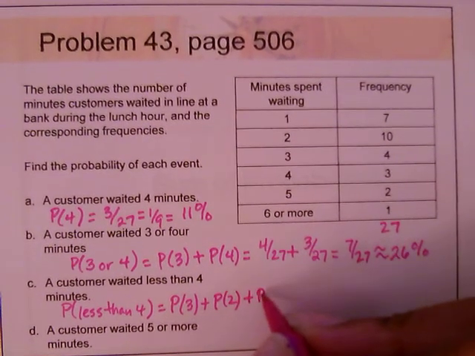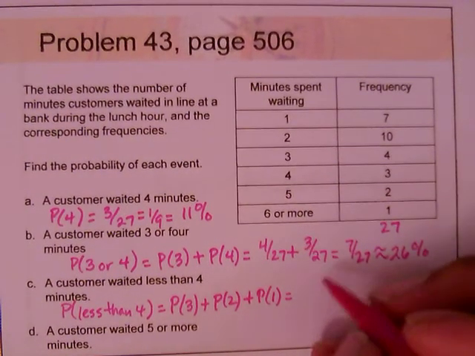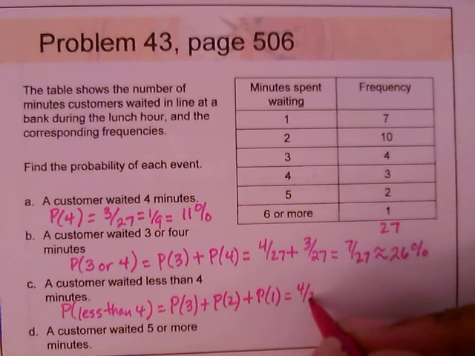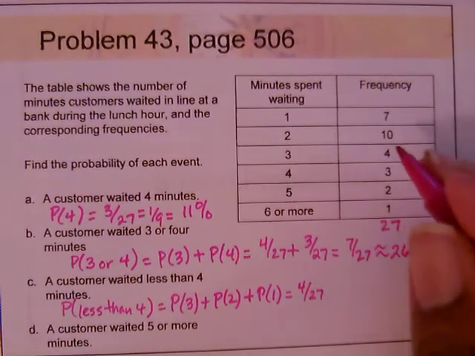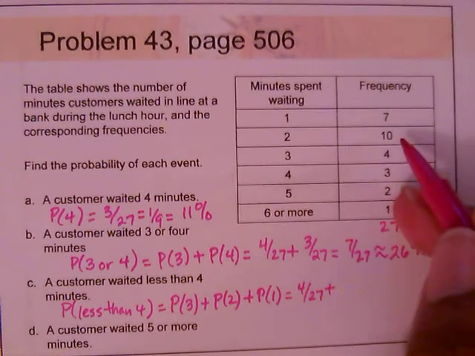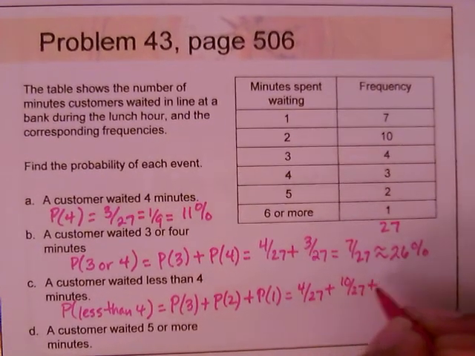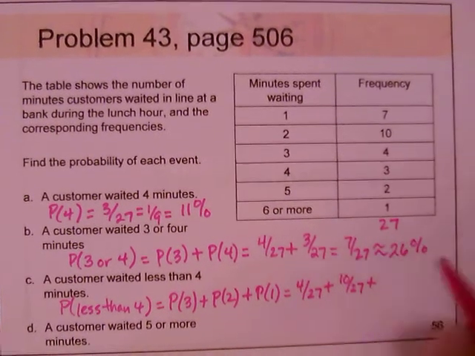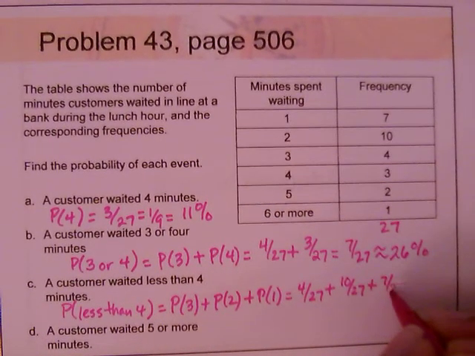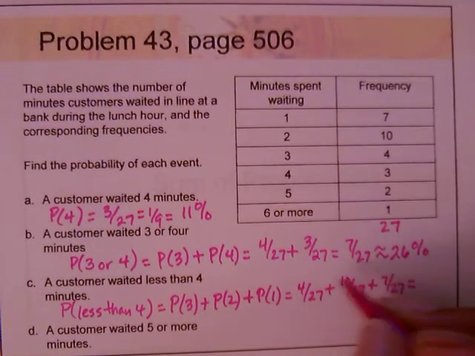So the probability of 3, we already know that's 4 over 27. The probability of 2 is 10 over 27. Here, 2 minutes, 10 people waited out of 27. And for 1 minute, 7 waited out of 27. Add those probabilities together. 4 plus 10 is 14, plus 7 is 21 out of 27.